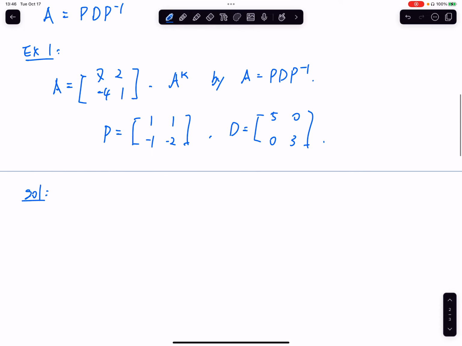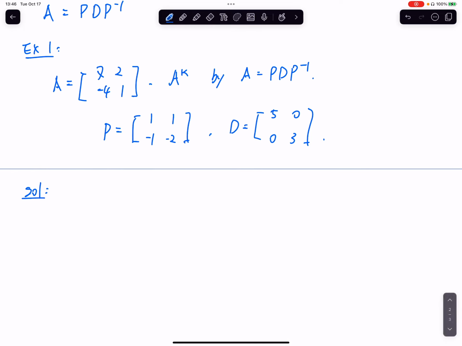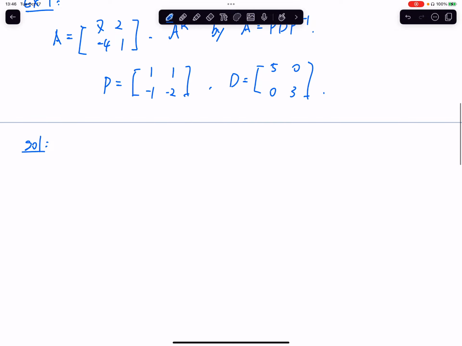We could use the standard formula for the inverse of a 2x2 matrix, but we first find the P inverse.